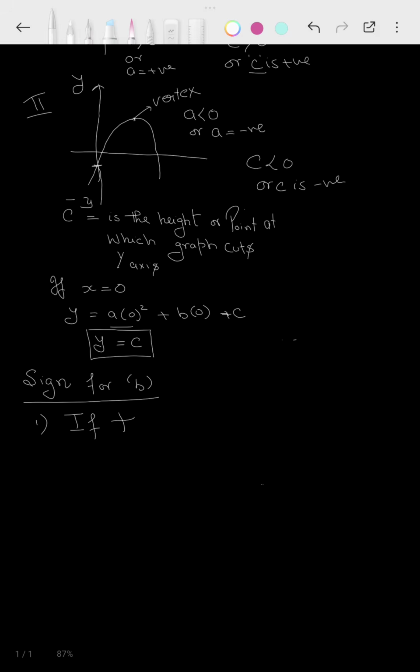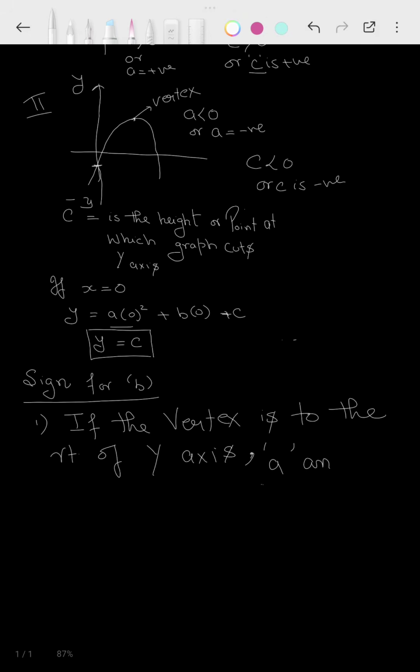If the vertex is to the right of the y-axis, then A and B have different sign.